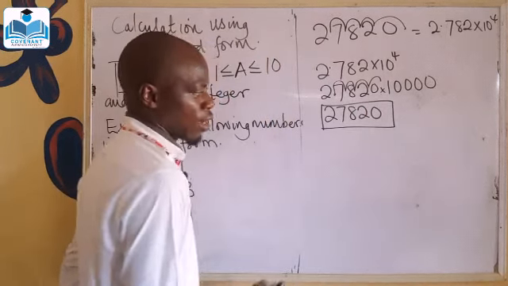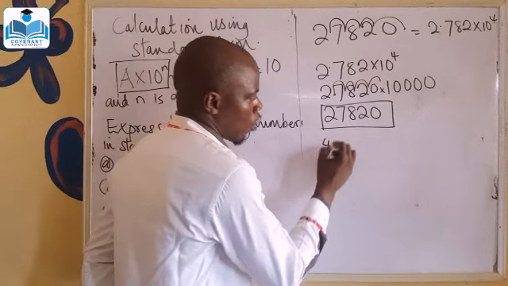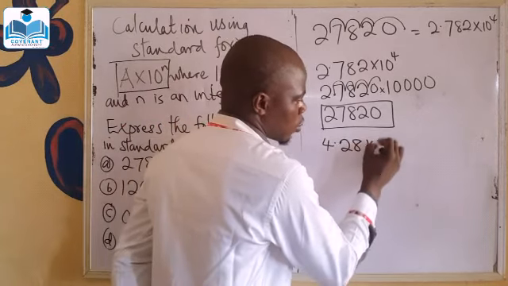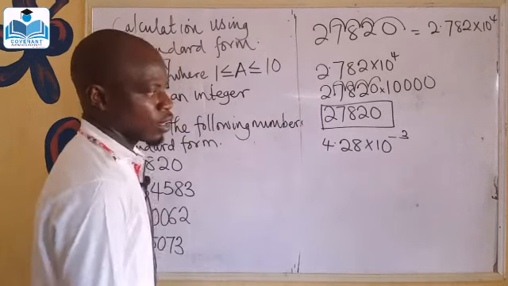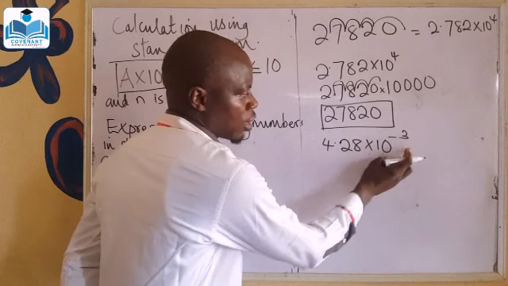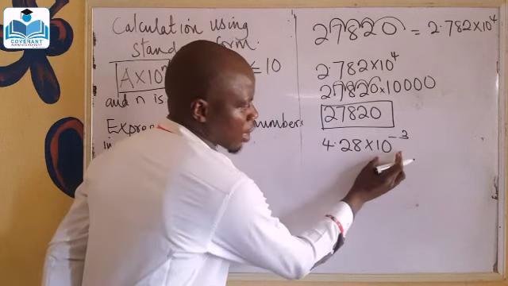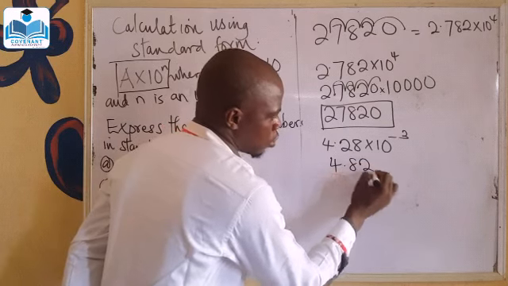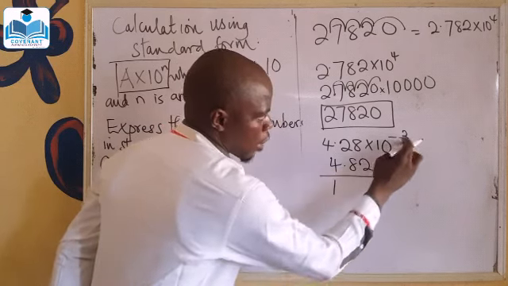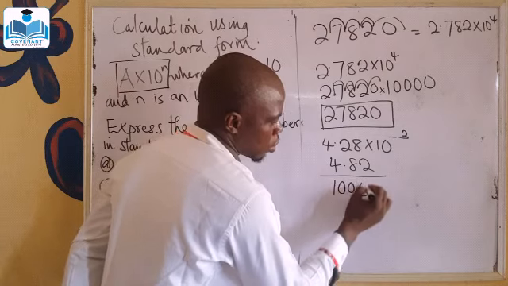Now, let's look at another example. For instance, I'm having 4.28 times 10 raised to the power minus 3. You can see this is minus 3. So when the power is minus 3, it means you're having 4.28 divided by 1 with how many zeros? 1, 2, 3.